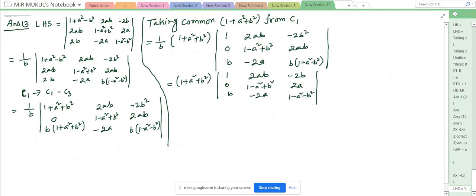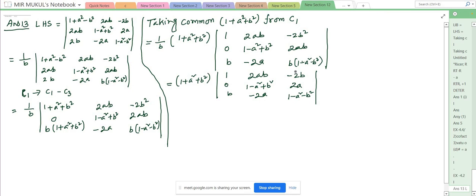Now multiply a with C3 and then subtract. Here I'm not using this directly, I'm using an operation. So C2 goes to C2 plus a into C3.